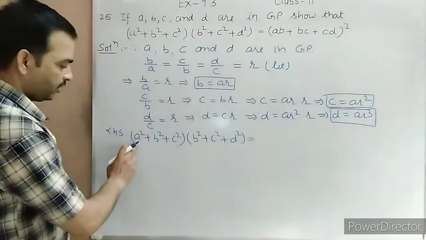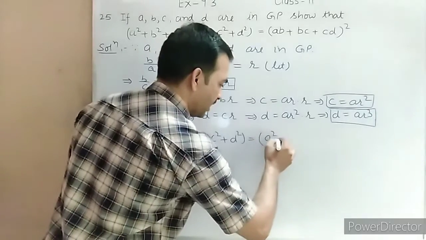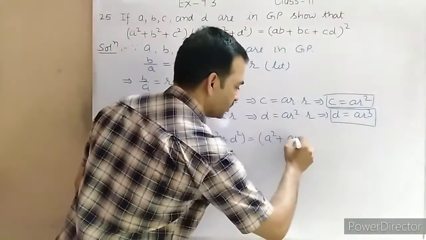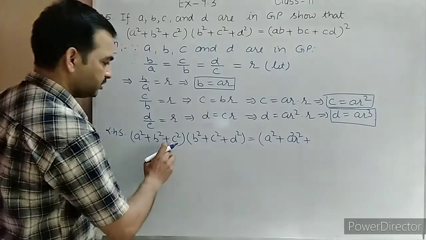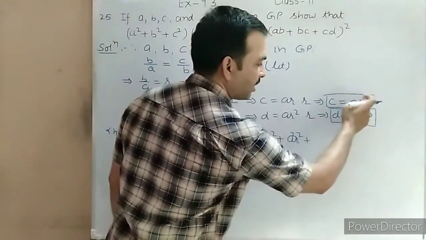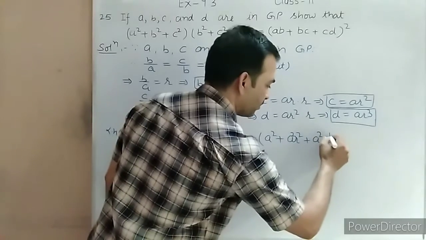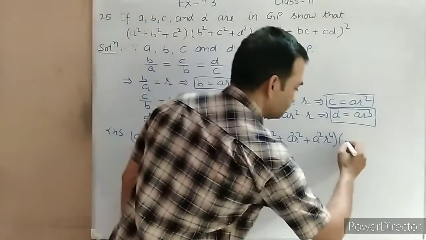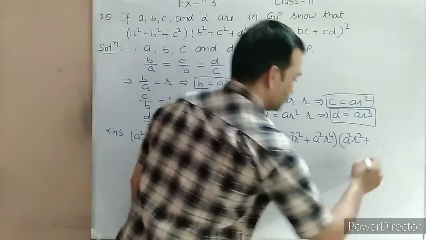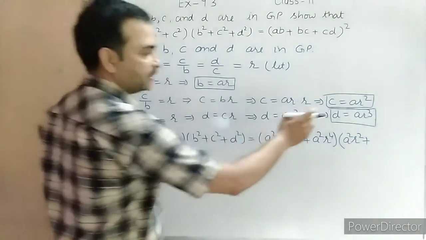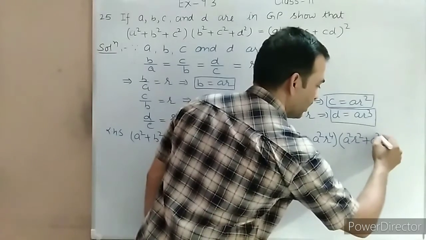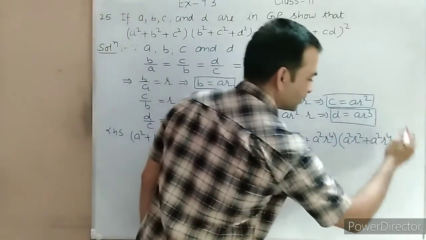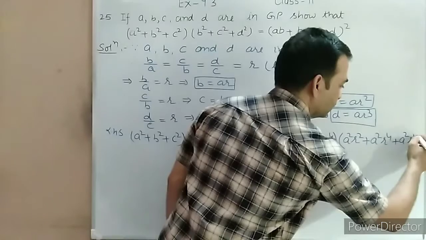It is equal to A square as it is, B square is A square R square, plus C square means A square R power 4, and in the second bracket B square means A square R square, plus C square means A square R power 4, plus D square means A square R power 6.